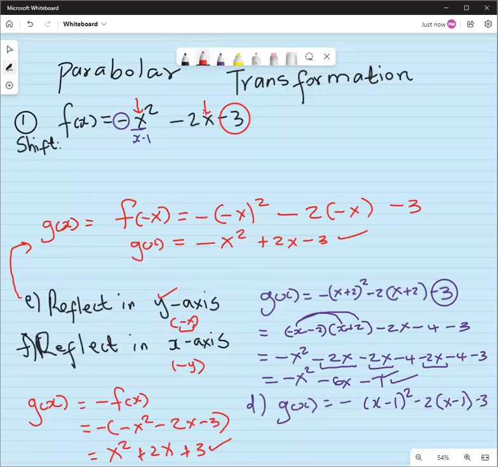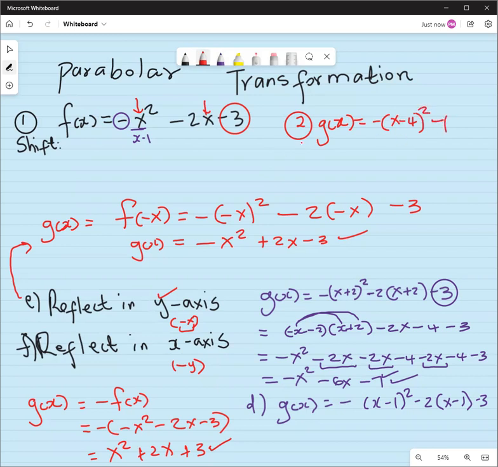That's what it means. Ladies and gents, before we finish, I just want to give you a hint. Let's say we had g of x equals minus x minus 4 squared minus 1.